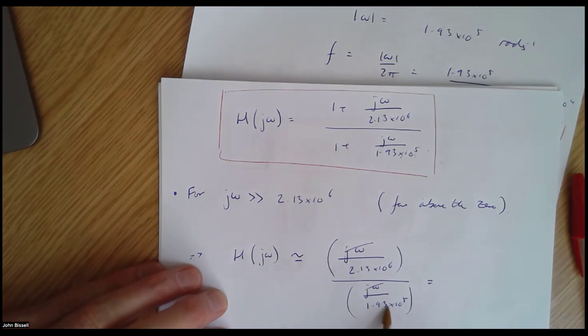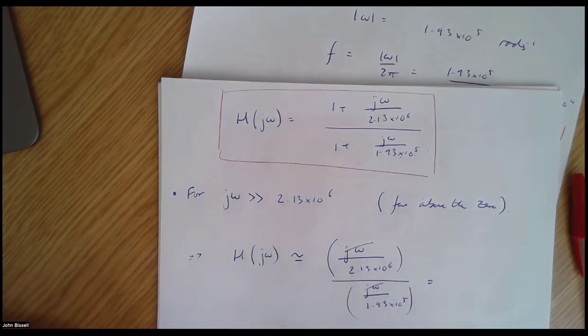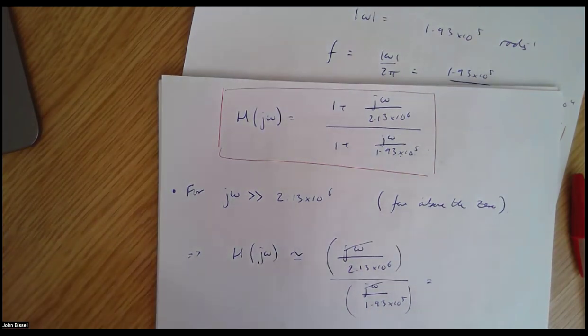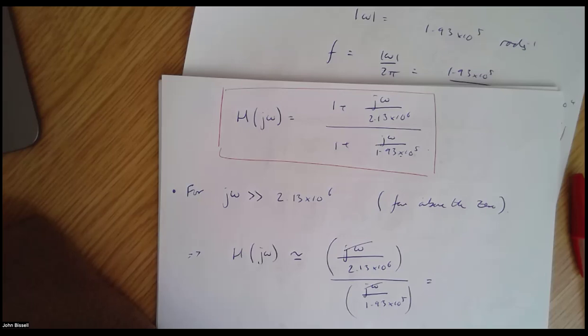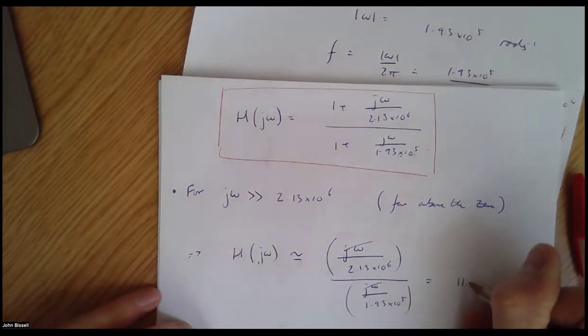So we're going to get left with 1.93 times 10 to the 5 divided by 2.13 times 10 to the 6. It's almost 0.09.